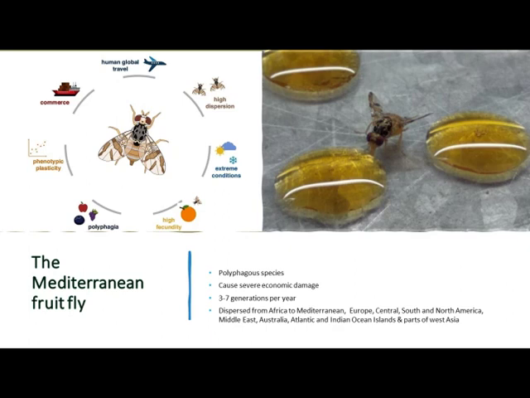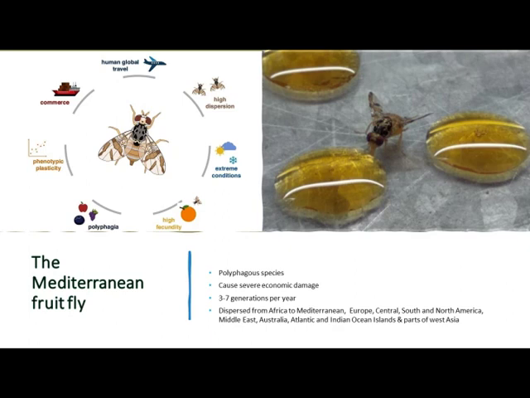Because of human activities, like commercial trading and people movement, medfly has dispersed from the ancestral habitats of sub-Saharan Africa to almost all over the globe. First in the Mediterranean region, then from the Mediterranean to the New World, to Australia, and to several other places.